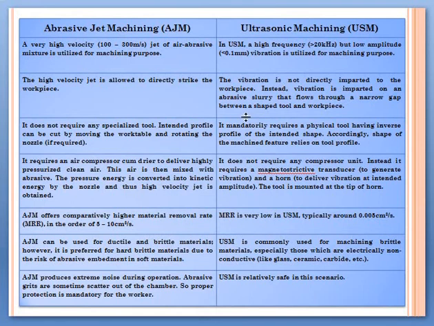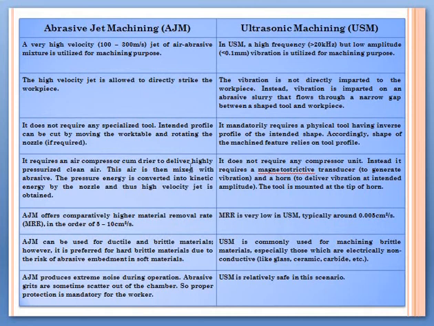In abrasive jet machining, we do not require any specialized tool, but in ultrasonic machining, it is mandatory to have a physical tool which has the inverse profile of the indented shape.